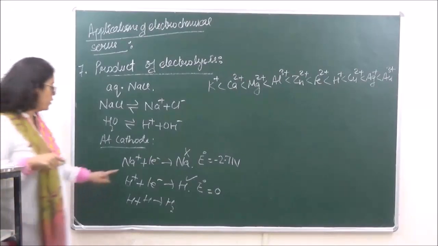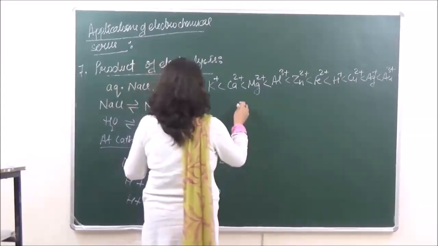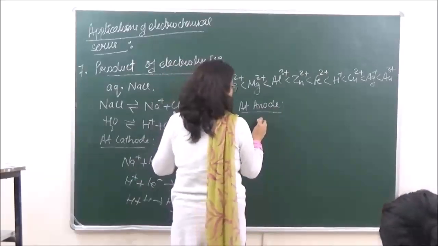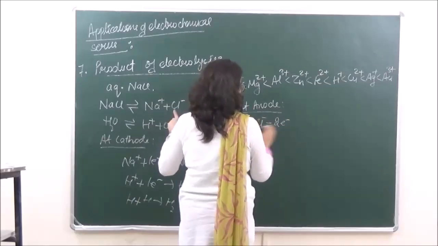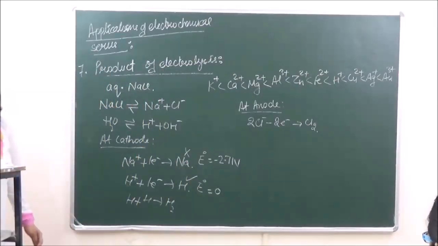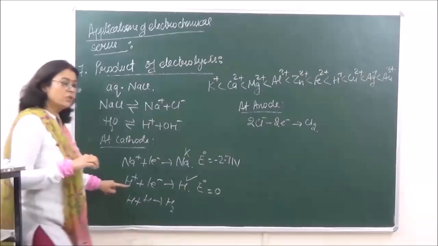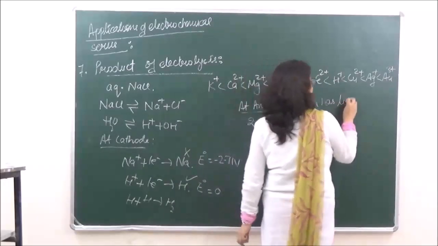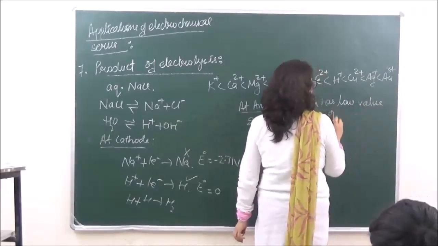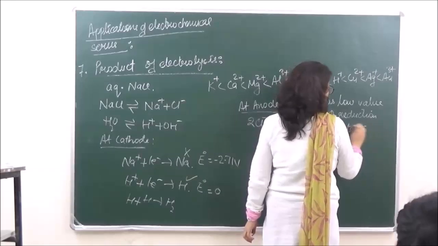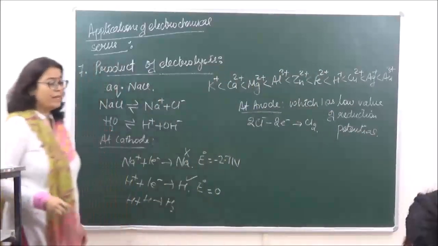So when we are looking at the anode, a reaction can happen with chlorine. Over here at the cathode we say the one with a high value of reduction potential is discharged, but at the anode, the one which has a low value of reduction potential will be liberated.